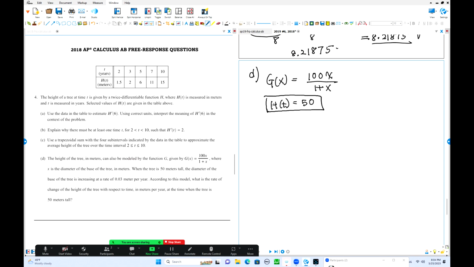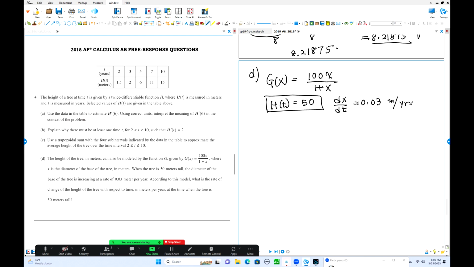So the diameter is x, okay? So dx dt, are you okay with this? Diameter is a function of time, right? The diameter of a tree is changing every year, so dx dt equals 0.03 meters per year, okay?